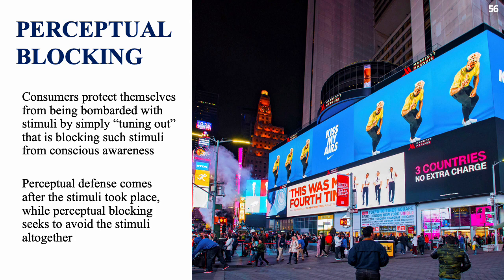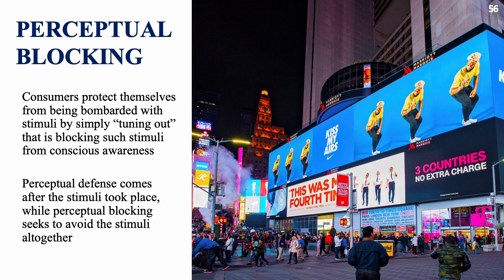So maybe you're walking through Times Square, and as you know if you've been to New York, you're bombarded with a lot of advertisements on buildings, on the streets, and so on. Maybe what you decide to do is keep looking straight so that you don't see all the billboards on buildings. Or maybe you're keeping straight because you don't want to run into all of the actors trying to get you to take pictures with them and pay them.